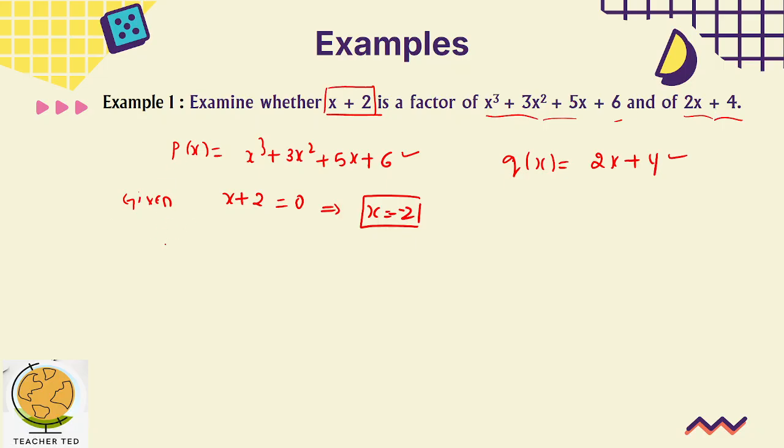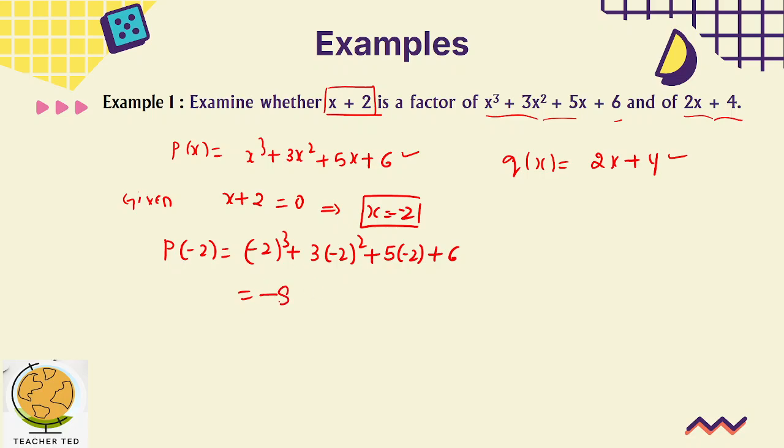Substitute x equal to minus 2 in the first polynomial. We'll get minus 2 cube plus 3 into minus 2 square plus 5 into minus 2 plus 6. So minus 2 into minus 2 into minus 2, there are three minuses multiplying, so the answer would be minus.